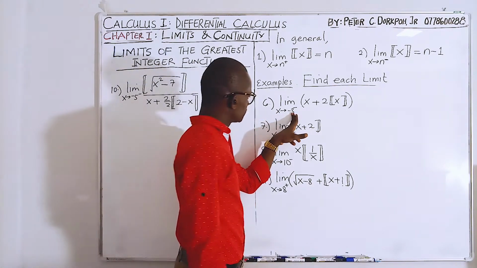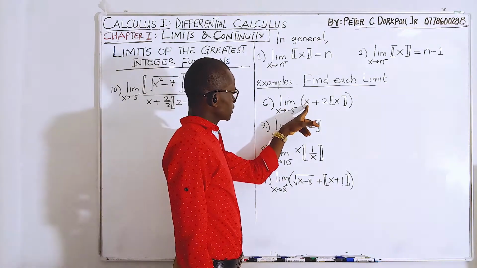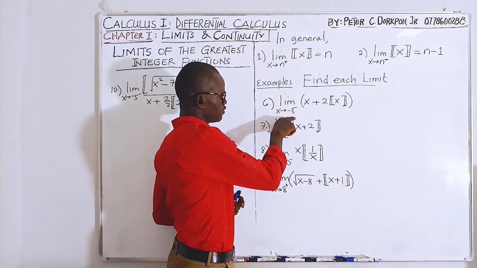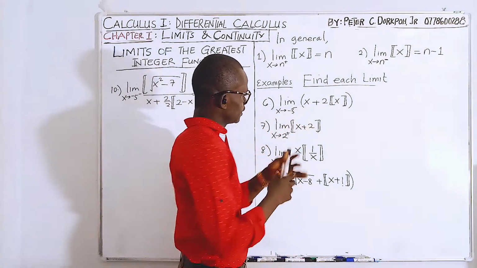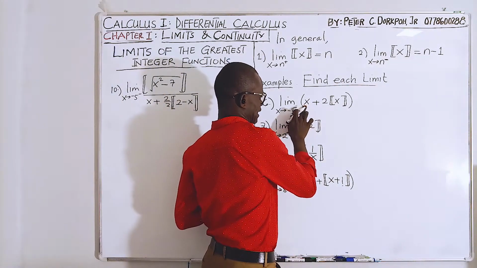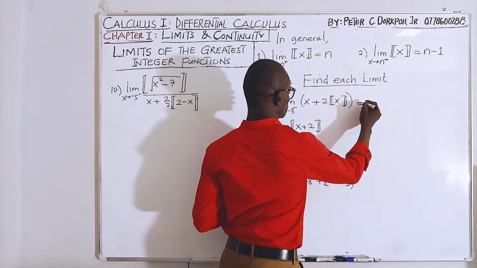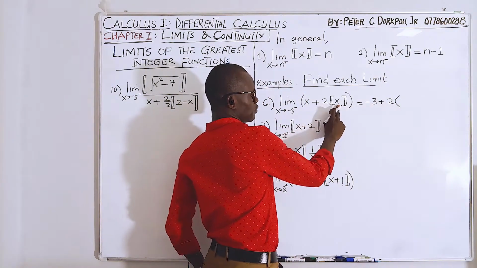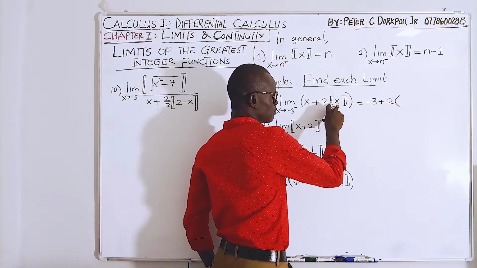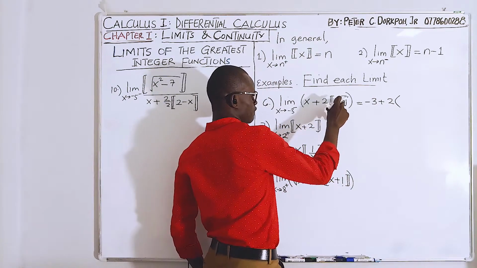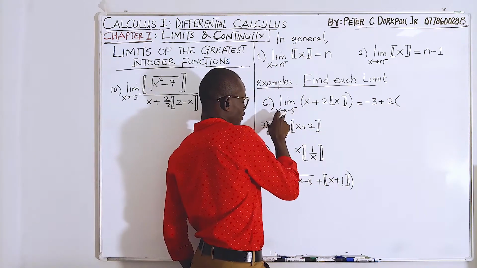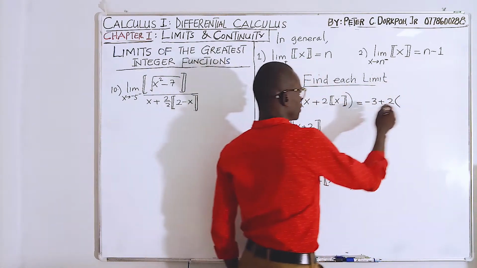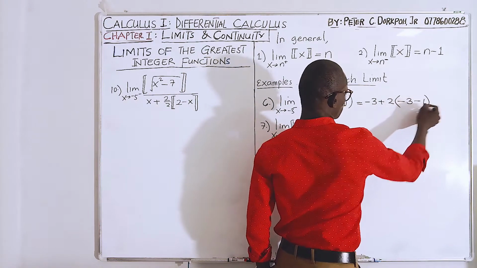Question 6 says the limit of x plus 2 times the greatest integer of x as x approaches minus 3 from the left. So we apply the limit. Now remember, the first x has no greatest integer symbol, so we just write minus 3 plus 2 times, and the second one has the greatest integer symbol. When x is approaching a number from the left, it's just equal to that number minus 1.